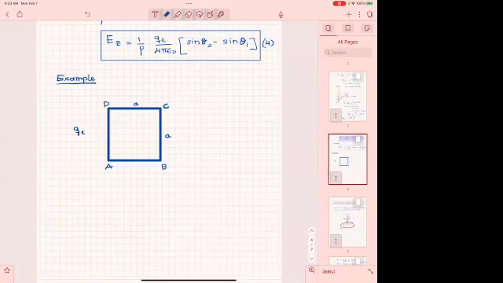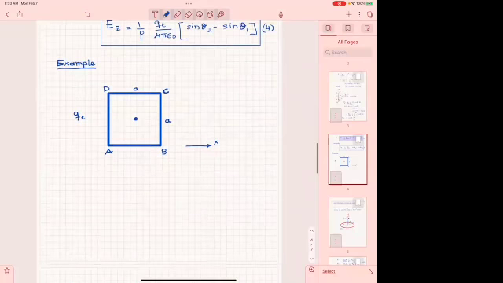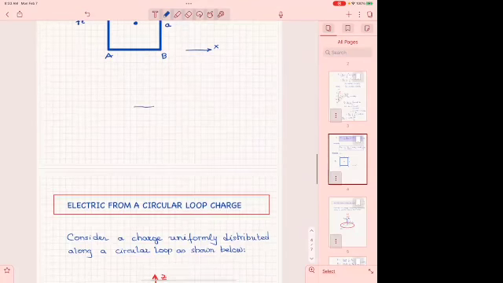And then I'm asking you to find the total field at the center, number 1, and they say on the same level with a square, or in 3D. So this is, for example, X and Y. And if I do it in 3D, this square is going to look like that.